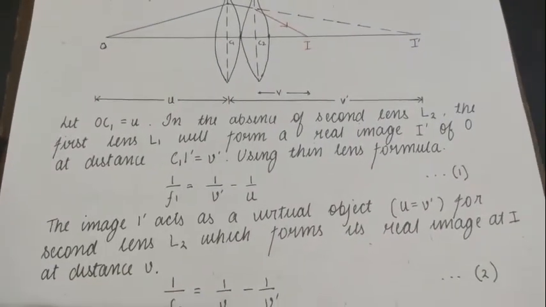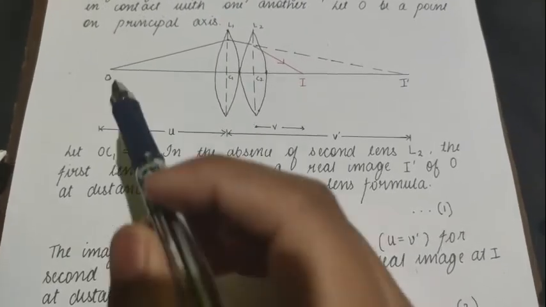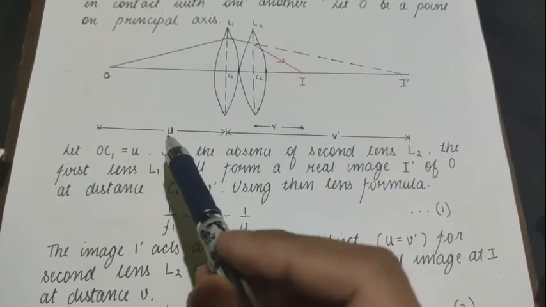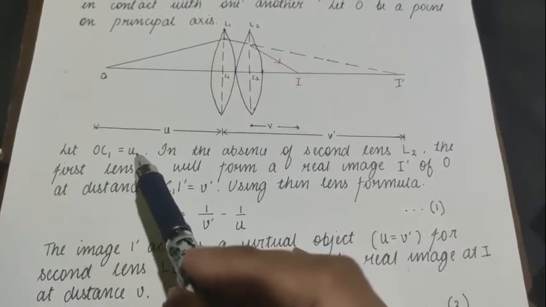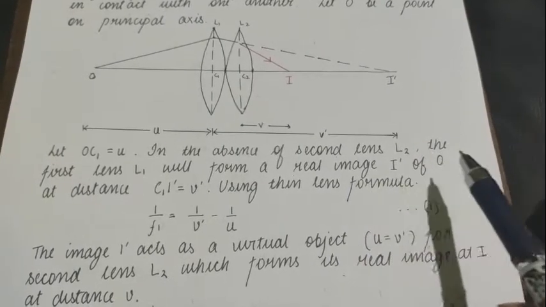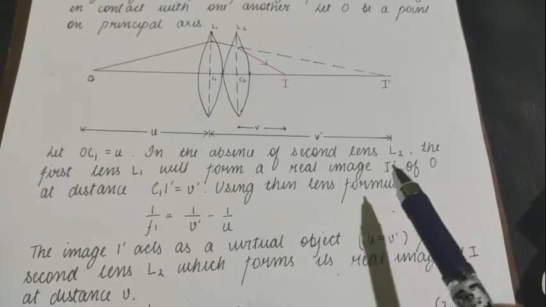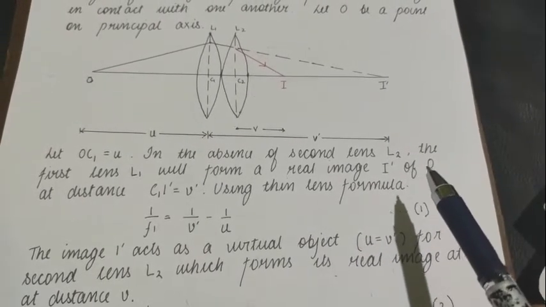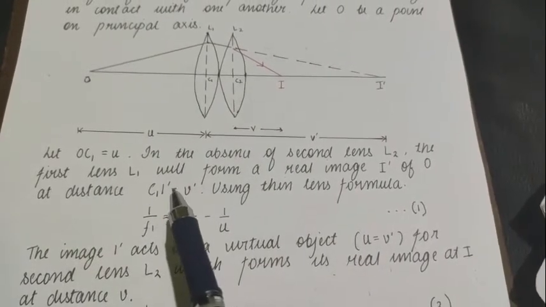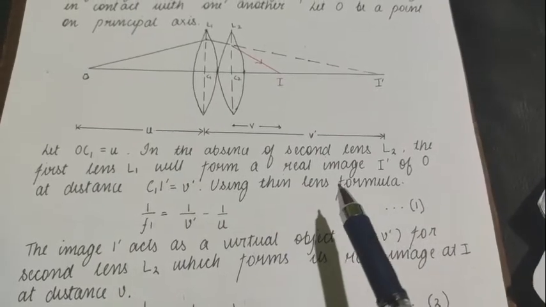Now, for lens L1, let OC1 equal u. This distance OC1 is the object distance, small u. In the absence of the second lens L2, the first lens L1 will form a real image I dash of object O at distance C1I dash equal to v dash, using the thin lens formula.